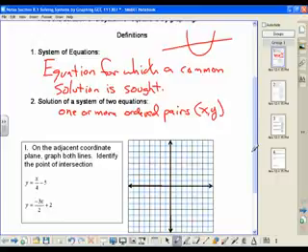Or 2 ordered pairs, x, y here. Oh, so the ordered pairs where they intersect? It would be where they would intersect. In other words, that ordered pair x, y would satisfy all the equations. In other words, they would come out equal. In other words, y would equal the other side of our equation.